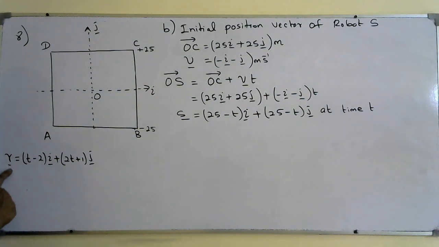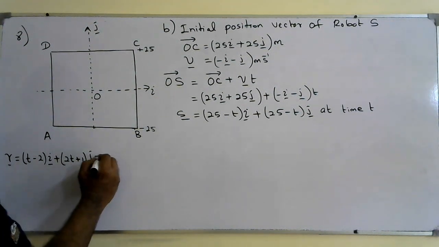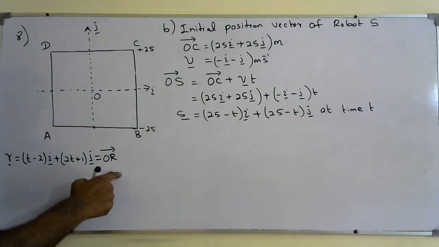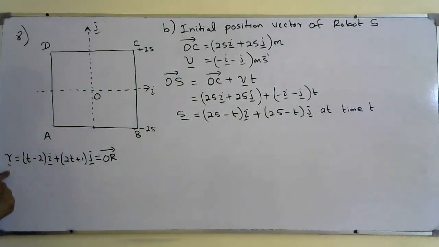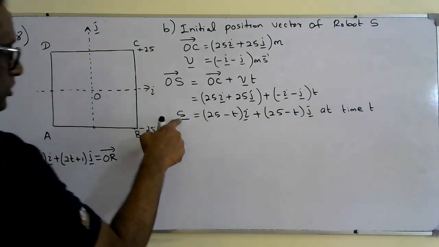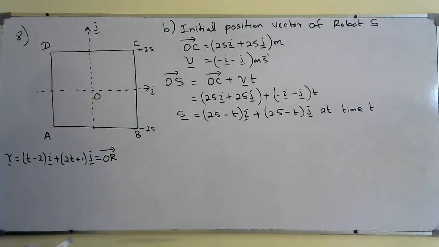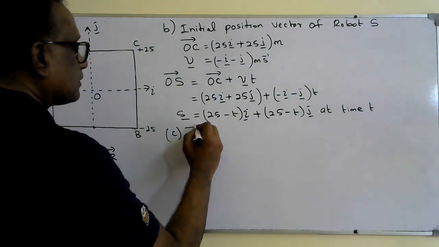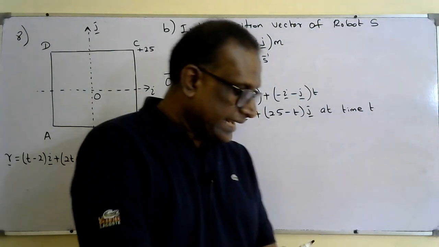Now this is position vector R, that is vector OR. The position vector OR is denoted as R, OS denoted as S. Now they are asking to find the vector SR.